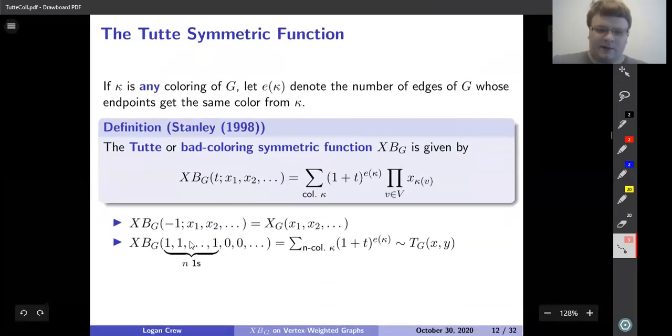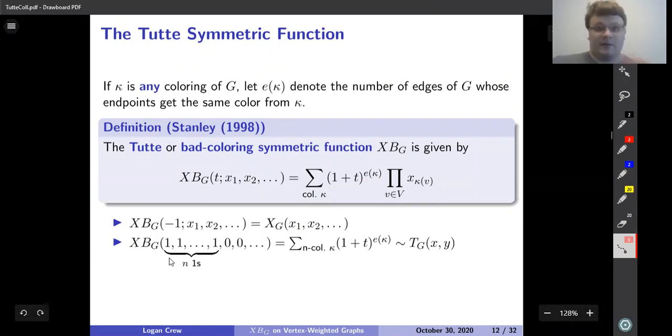And first of all, you can recover xg from this easily by setting t equal to -1. Then all of these terms are going to go away, except for the ones where this 1 plus t didn't actually occur in the first place, where there were no monochromatic edges.